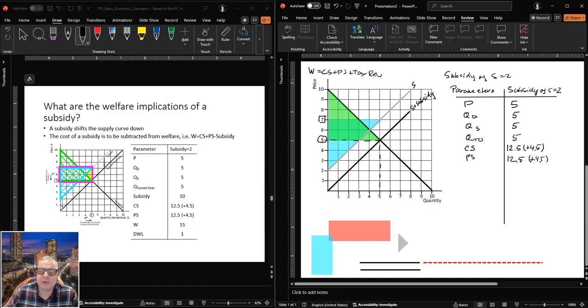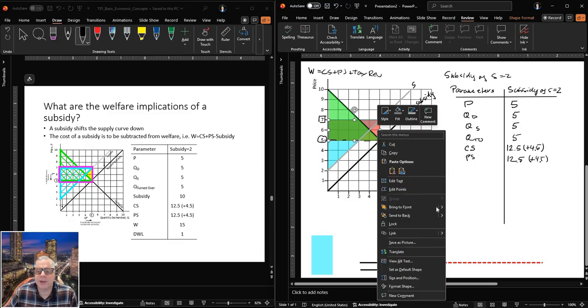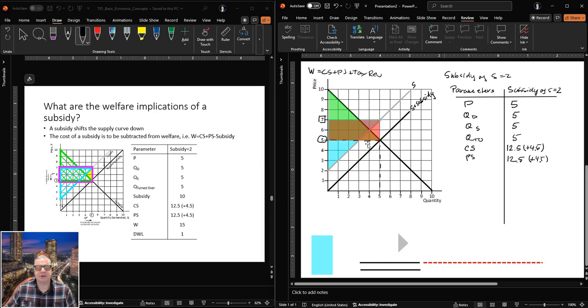And so even though the price is 5, we have to pay 5 times a subsidy of 2, so that's a total of 10. And that is equal to this rectangle here, which is that much. And that is supposed to be red. Maybe I can bring that to the front. Okay, that makes it a little bit different.